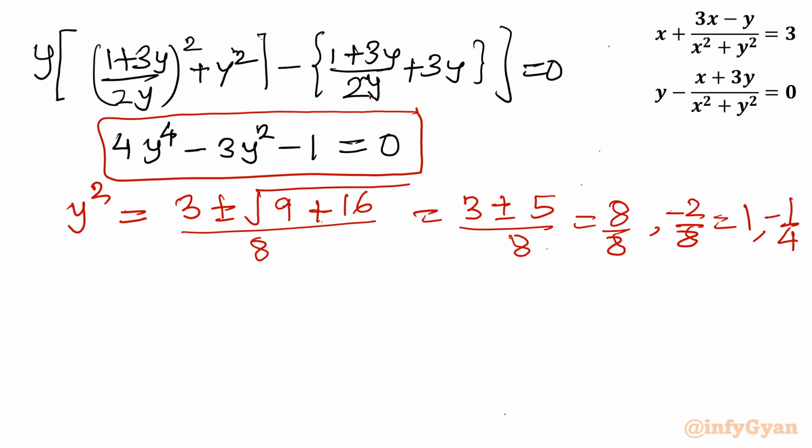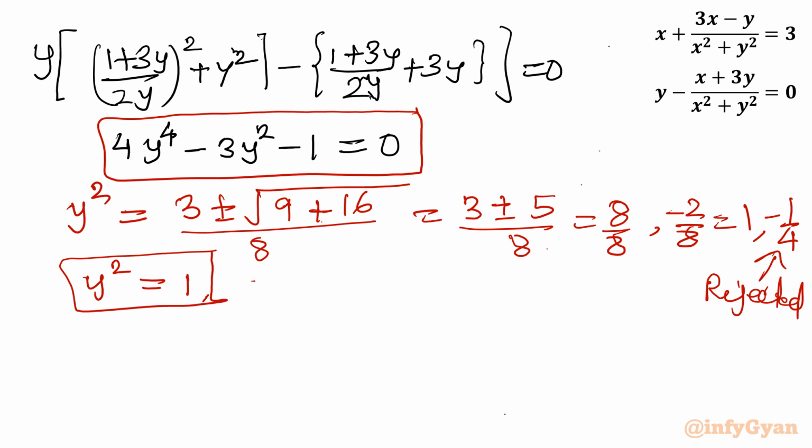And see, your left hand side is y square. So minus 1 over 4 would be rejected. Square cannot be negative. So we will reject this. We will accept only y square is equal to 1. That means y will be equal to plus 1 or minus 1.